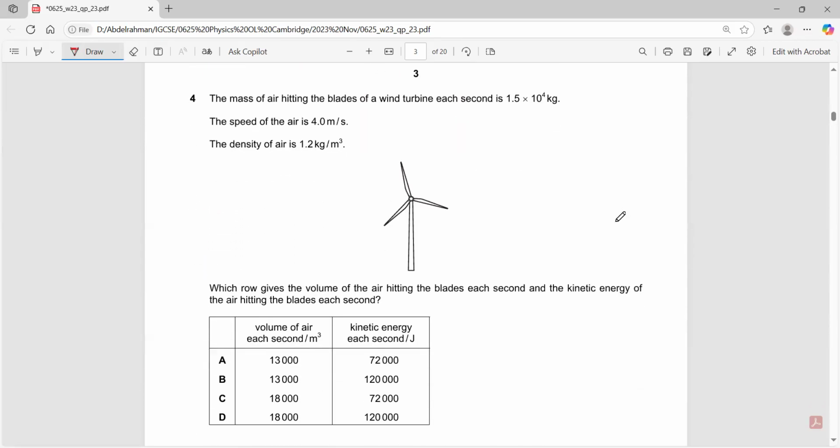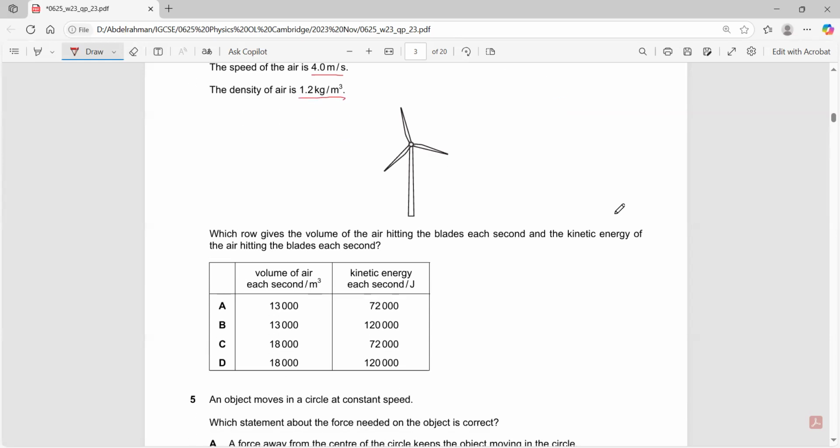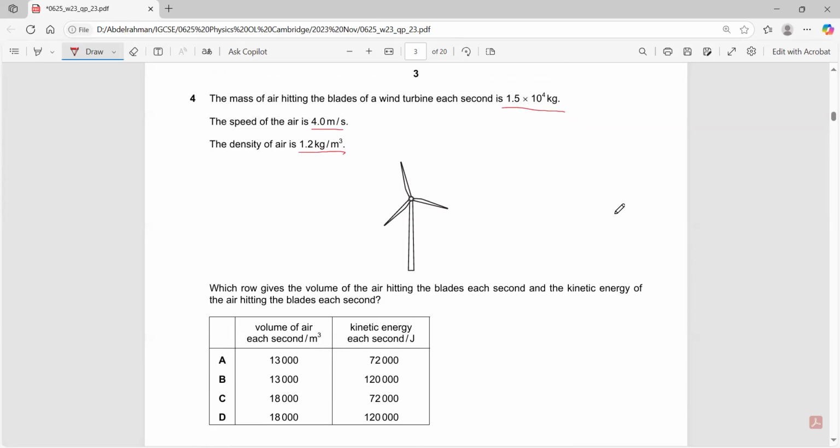The mass of the air hitting the blades each second is 1.5 times 10 to the power of 4. The speed is 4. The density of the air is 1.2 kilograms. Which row gives the volume of the air hitting the blades, and which row gives the kinetic energy each second? Can I find the volume? Yes, you have the density and the mass.